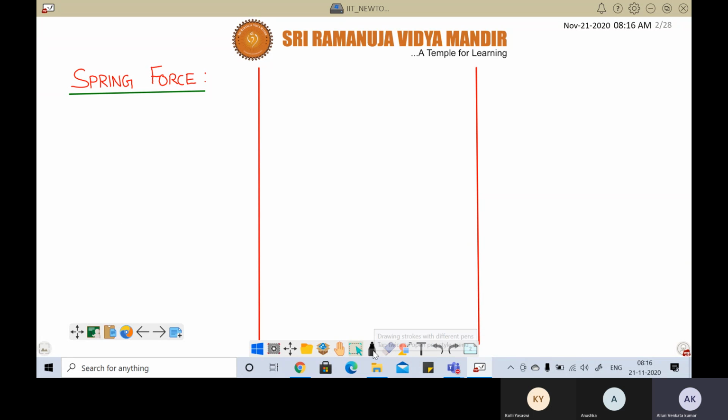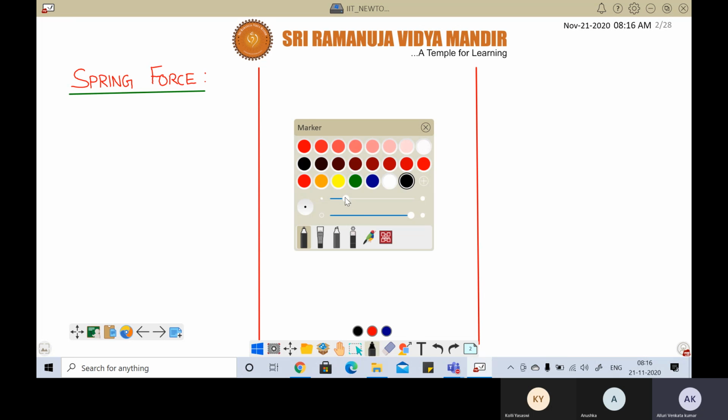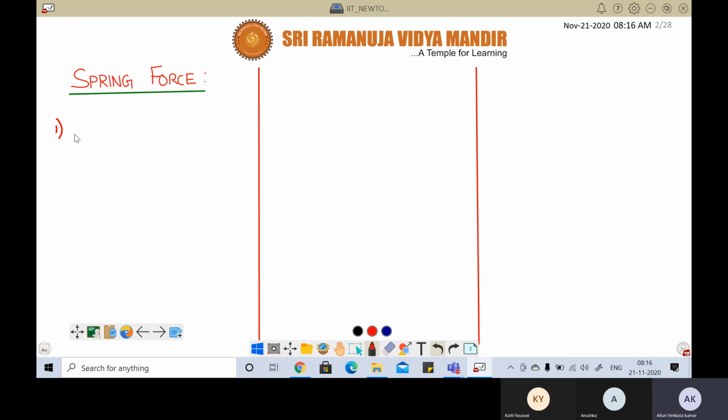Until now, in Newton's laws we discussed the first three laws: first law, second law, and third law, and then afterwards we have seen types of forces. Correct? What are the different types of forces? What is the first force we learned?